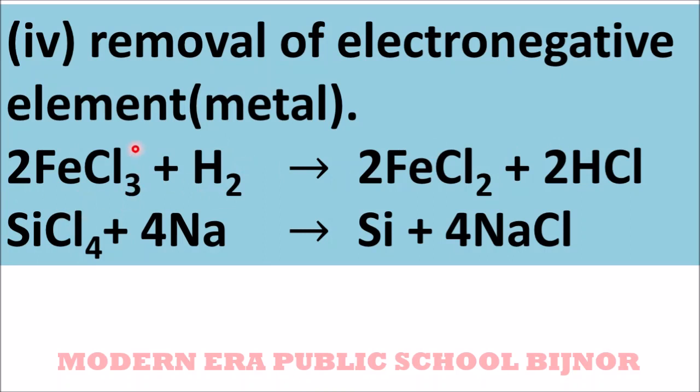In FeCl3, the non-metal, the electronegative element, is removed: on this side there are 3 chlorine atoms, but on this side only 2. So this is reduction. Silicon tetrachloride SiCl4 reacts with sodium and becomes silicon and sodium chloride. Silicon tetrachloride loses the electronegative element chlorine, so it is also reduction. When an electronegative element is removed, it comes into the category of reduction.